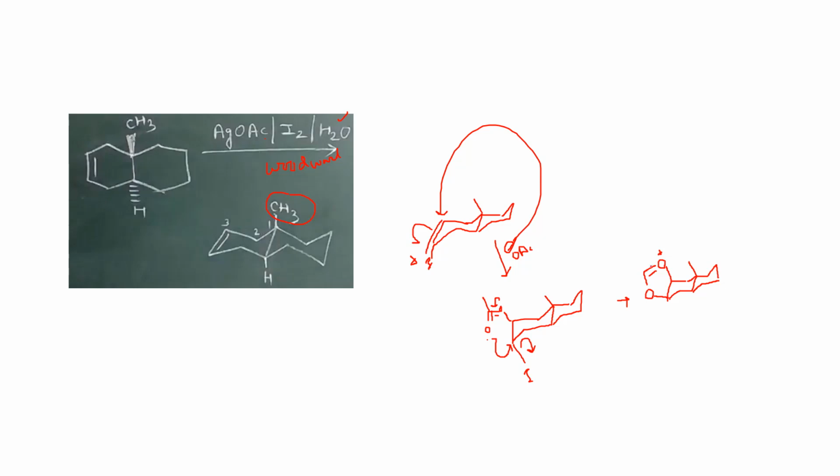After that, as water is added in the medium, both these carbonates will be hydrolyzed and give this cis-diol. So this is a Woodward reaction, so it will give a cis-diol. Both the carbonates will be hydrolyzed and we will get a cis-diol.